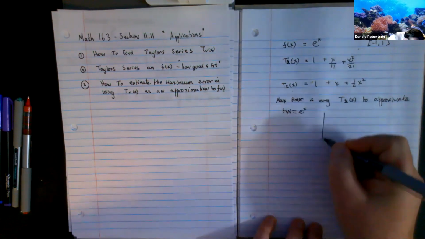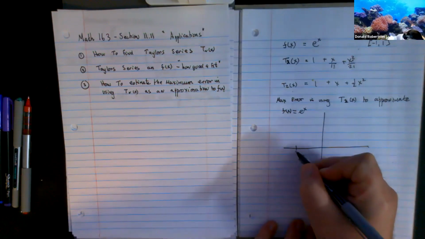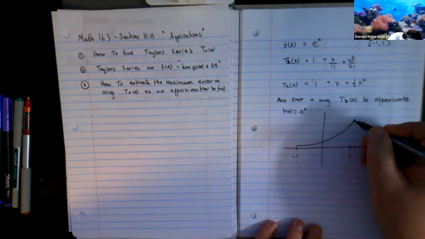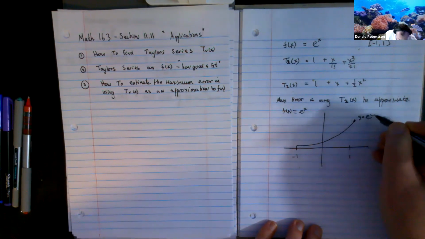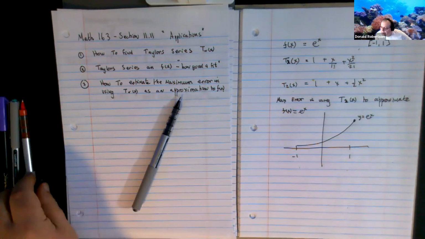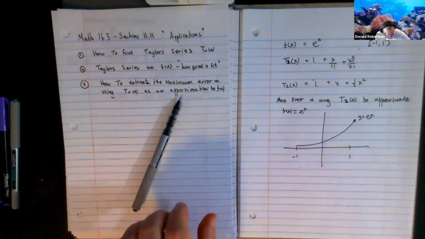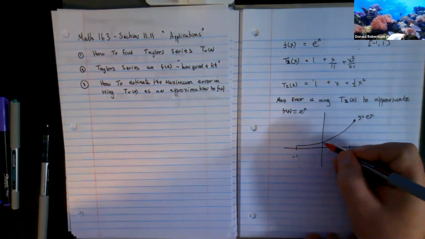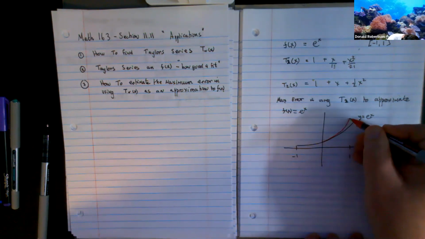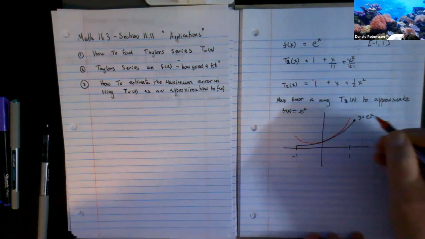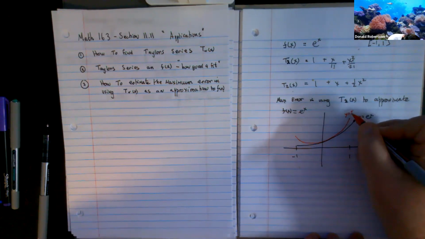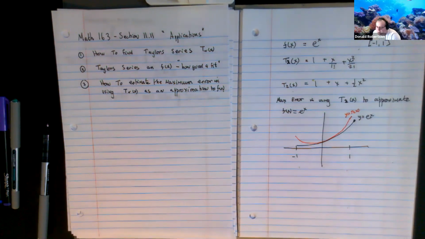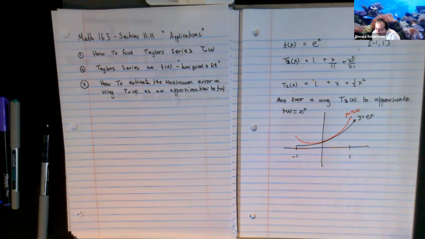Well, can you imagine that from -1 to 1, e to the x looks like that? And if I did T2 of x, can you imagine that it looks something like that? Now, what's the maximum error?